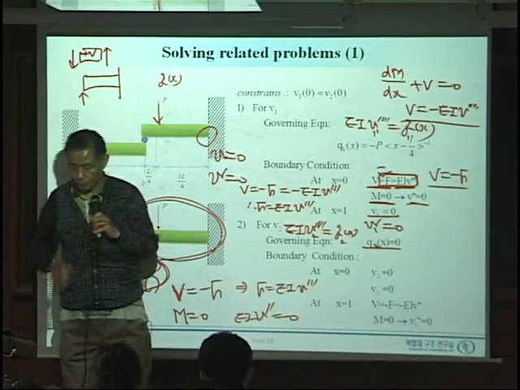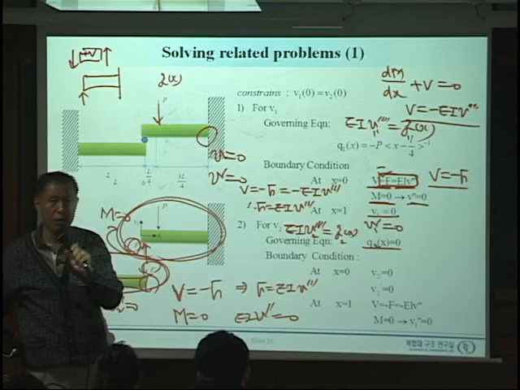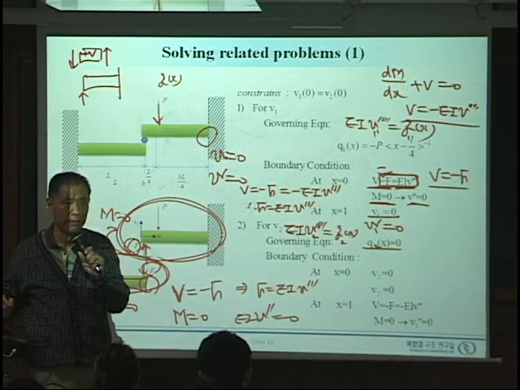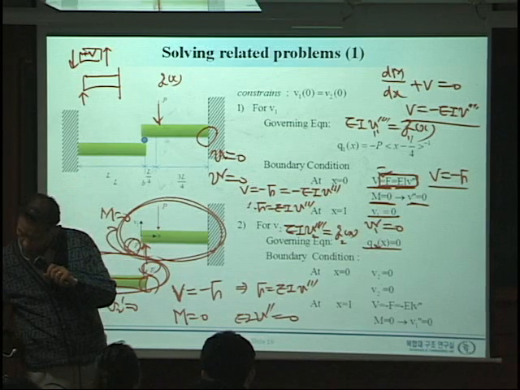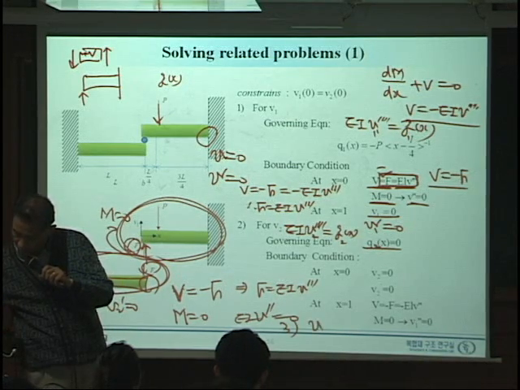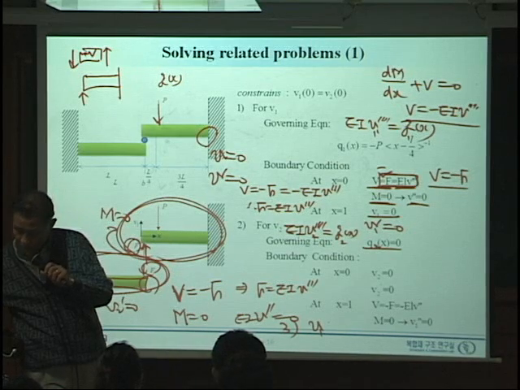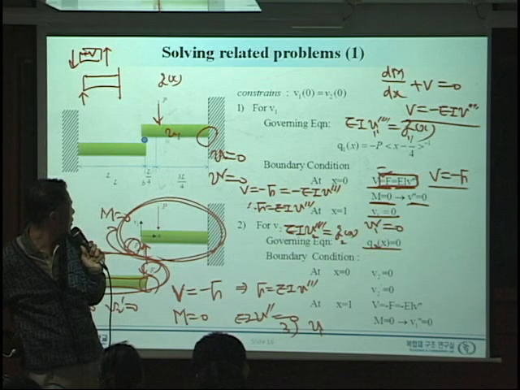Now, how are we going to solve this? How are we going to determine F? There will be an important step called the third one. V1 is what? This is the V1, right? And this is the V2.